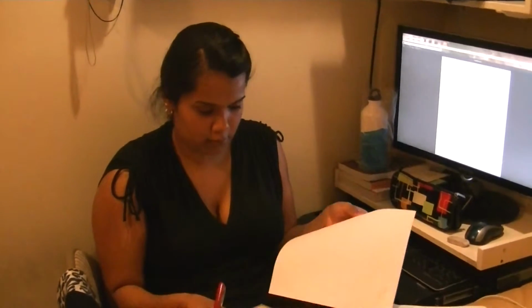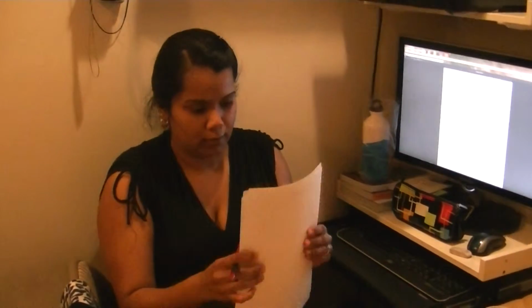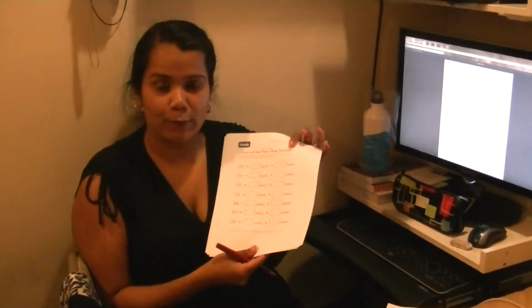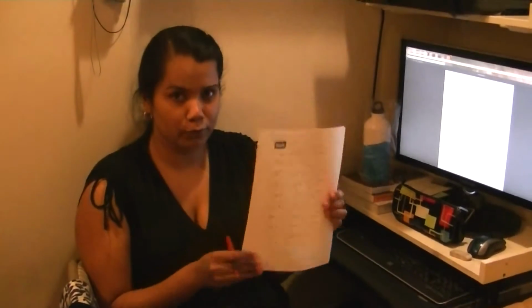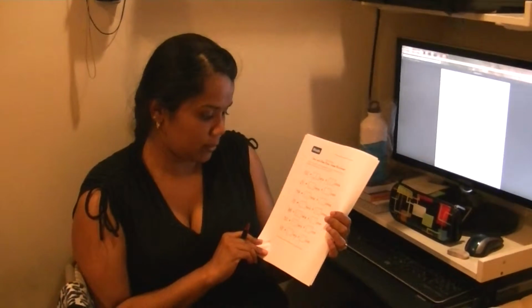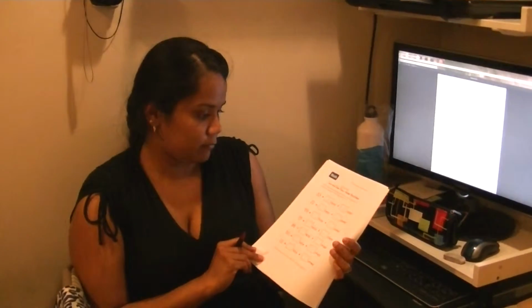Let's move on to a different worksheet where you are given the number and you have to write how many tens and how many ones are in that number. So I will do the first 2 for you, and then I'll have you do the rest that's on the worksheet. 21.